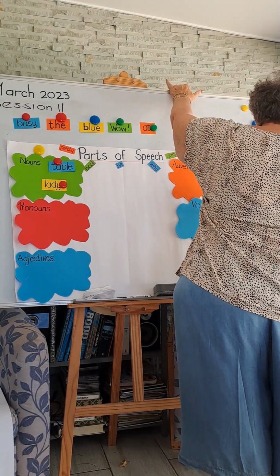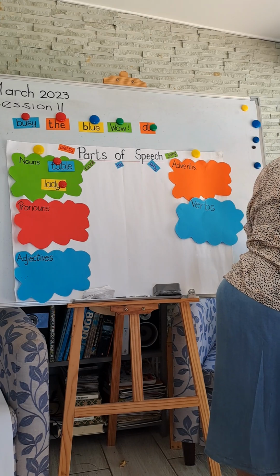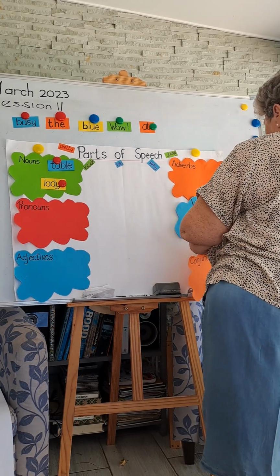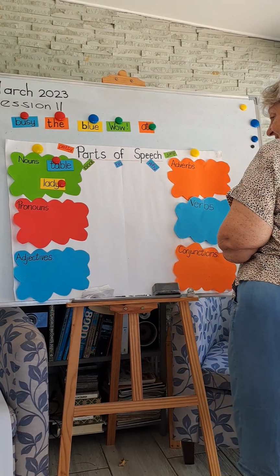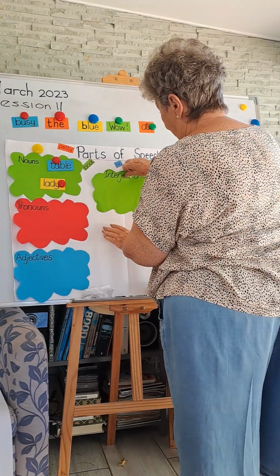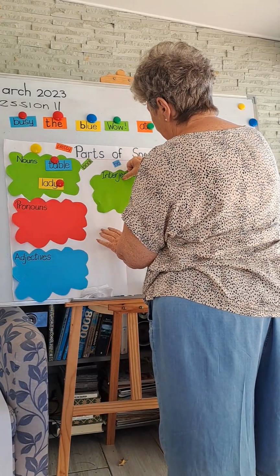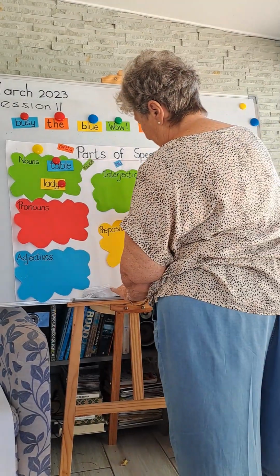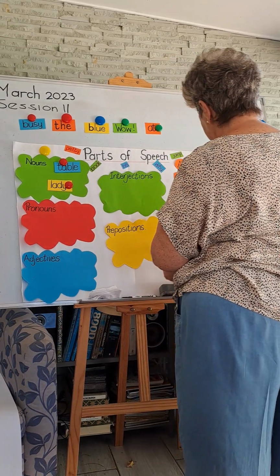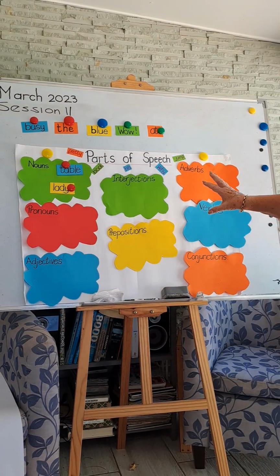And let's pretend now that I have taught them all, because this is what I'm doing with it. I'm not testing them, I'm teaching them first. What is an interjection? What is a preposition? What is a conjunction? And I've gone through it all.